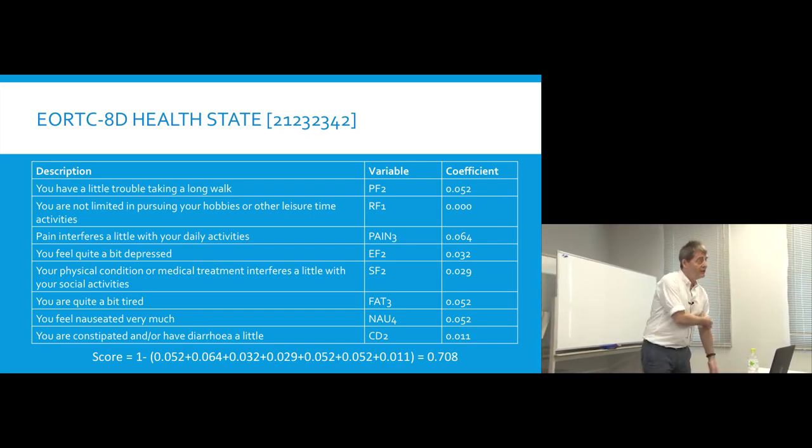Because they're using a descriptive system, which is designed to be specific for cancer, it's preference-based. They've established how important mobility is compared to pain, compared to depression, compared to tiredness, nausea, etc. So it's going to be almost by definition more sensitive than EQ5D.